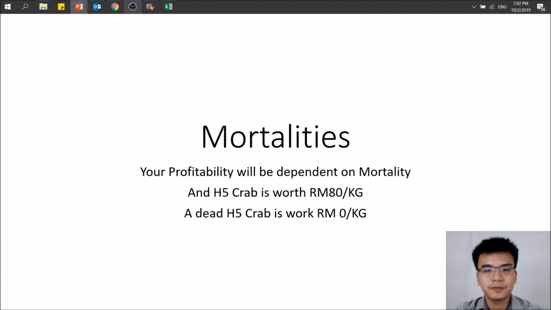It is important to take note of the mortality of the farming technology that you are using, as your profitability will greatly depend on this factor. As you will see in a subsequent lecture, mortality is one of the very sensitive parameters.